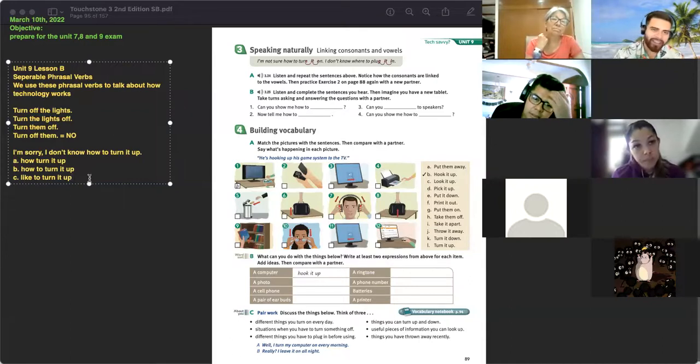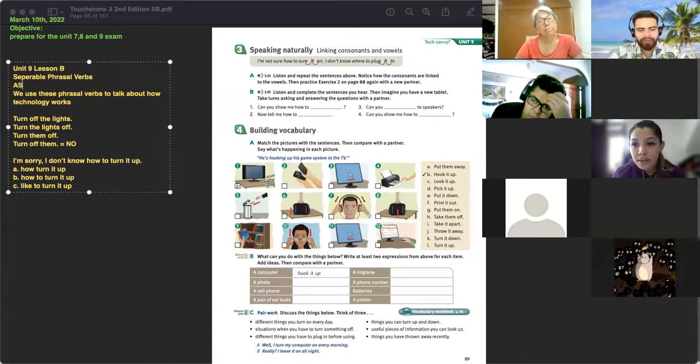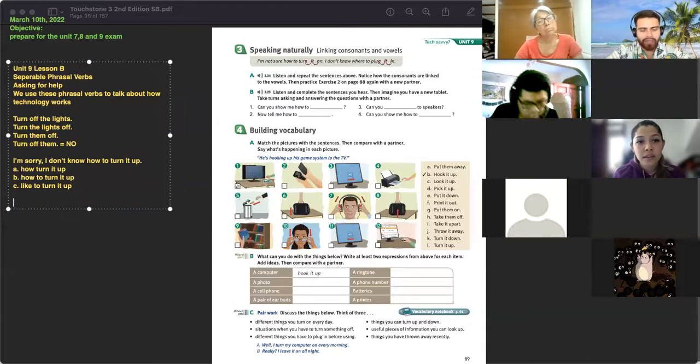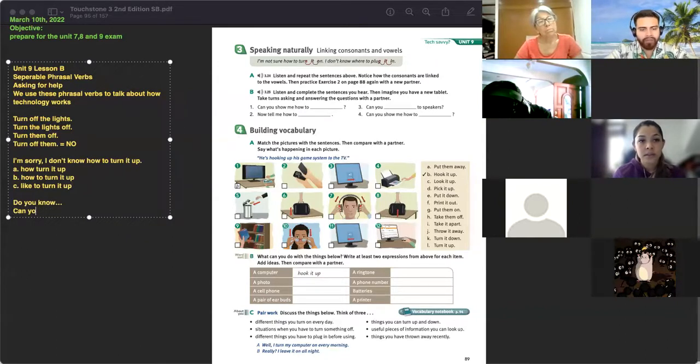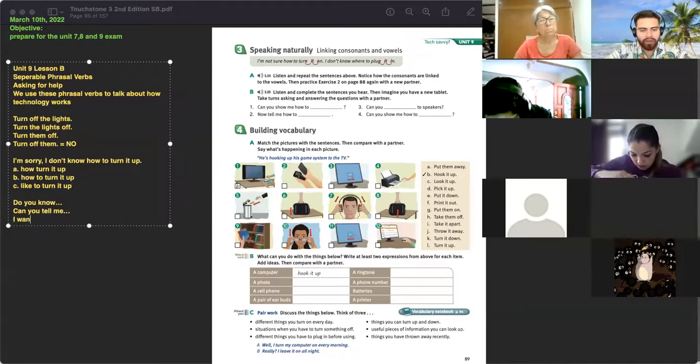Yes, that's another thing I forgot, right? We're asking for help. Rociel, the reason why is that when we ask for help, like for example, do you know, can you tell me, I was wondering if you knew.